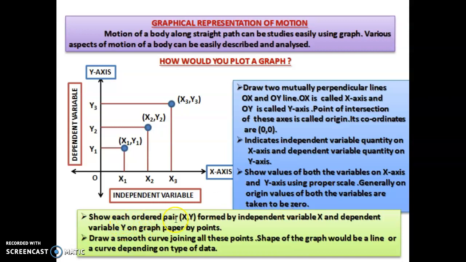Each ordered pair x, y, formed by the independent variable x and the dependent variable y, is marked on the graph paper as a point. The first value is the independent variable and the second value is the dependent variable. Draw a smooth curve joining all these points. The shape of the graph would be a line or a curve depending on the type of data.